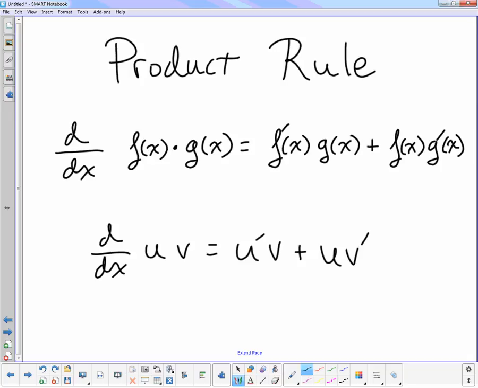So they both get a derivative, and they both are left alone. Okay? Everybody gets a turn. You can think about it that way. Everybody gets a turn getting a derivative. All right?